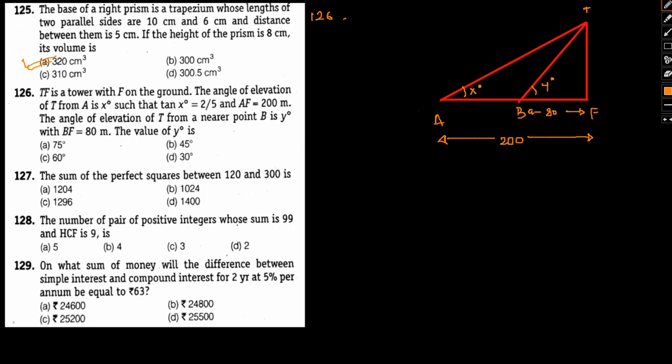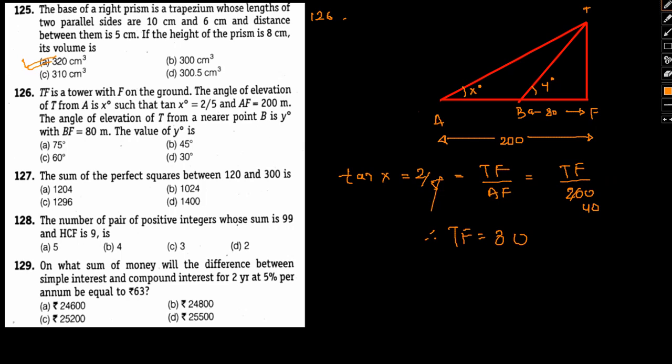Now tan of x is 2 by 5, so tan of x would be perpendicular TF by base AF, that is TF by 200. Therefore TF is 40 into 2, that is 80.